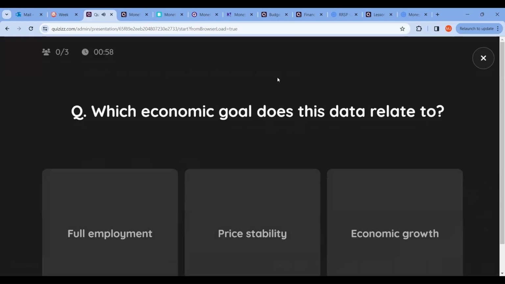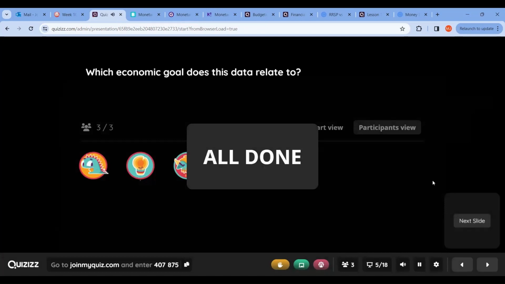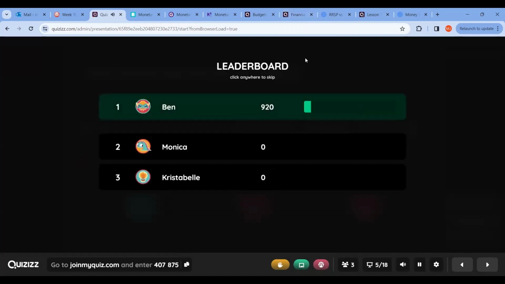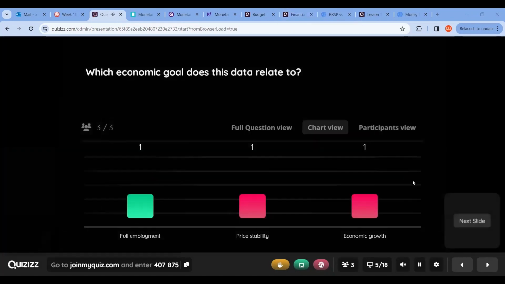Which economic goal does this data relate to? Full employment. Reducing the unemployment rate leads to full employment.